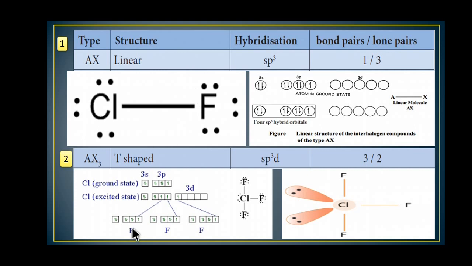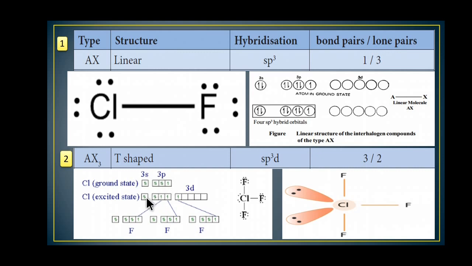Next we are going to discuss the AX3 type. Generally the structure of the AX3 type is T shape. An example of the AX3 type is ClF3. It is a compound having a T shape structure. The hybridization is sp3d. In the ground state, 3s2 3p5, the electrons are filled.